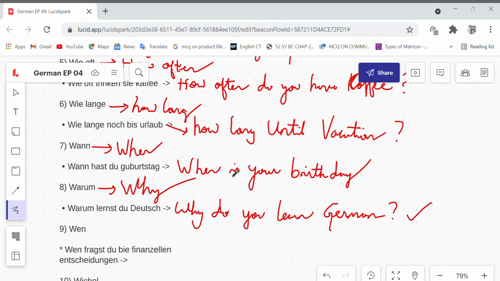Then is wen. Wen is whom. The sentence is quite complex. Wen fragst du bei finanziellen Entscheidungen? Let me repeat the sentence.